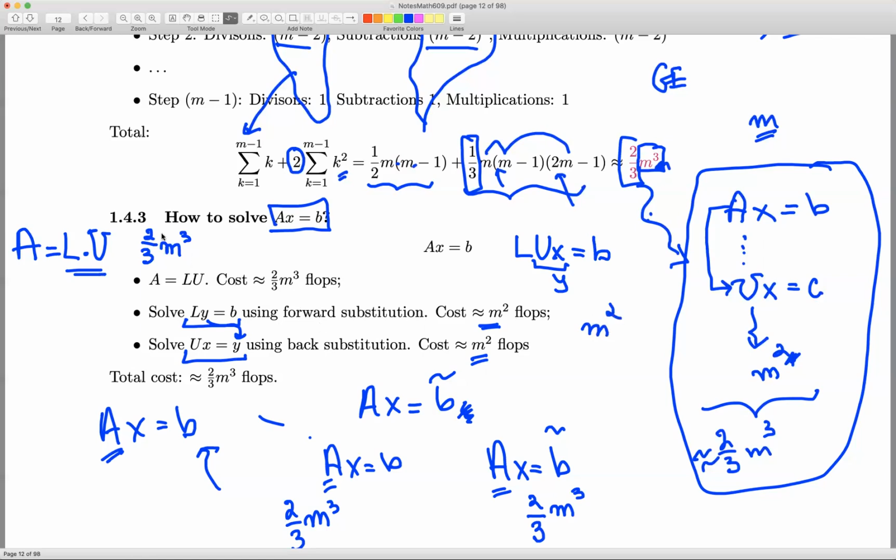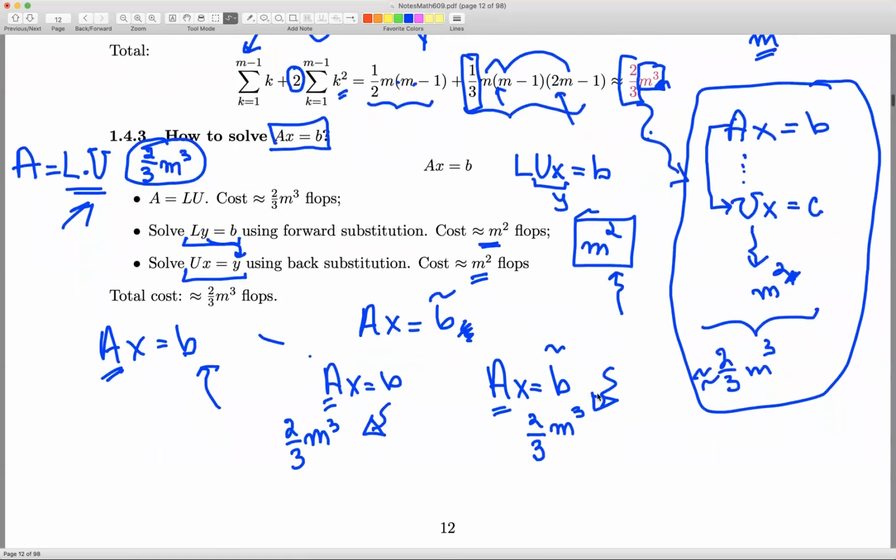I will have one time a cost of 2/3 m to the third to do the LU factorization of A. But after I'm done with that, every time a new B comes, I will incur only a cost of m squared, rather than this big cost of 2/3 m to the power 3. This in some cases saves quite a lot, because in practical problems, m can be pretty big.